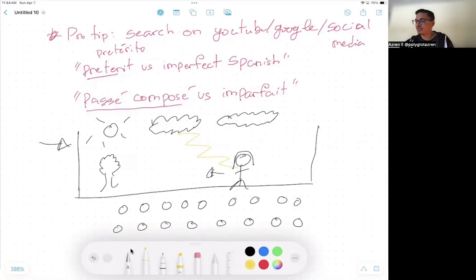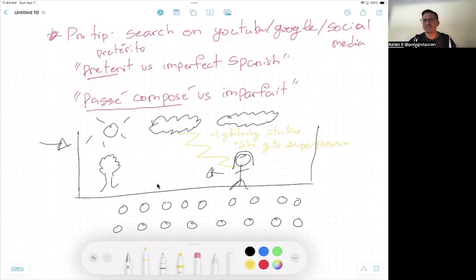Those two things, lightning strikes and she gets superpowers, that I've written in yellow, would be considered the simple past tense.